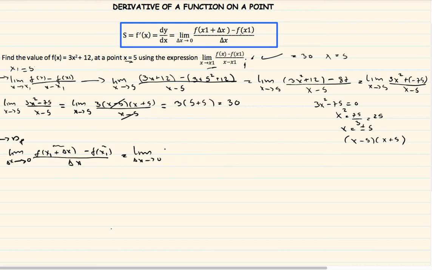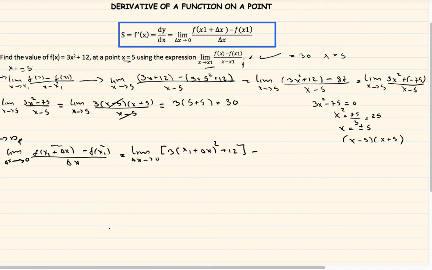So our function becomes 3 into x1 plus delta x squared plus 12 minus 87, divided by delta x.